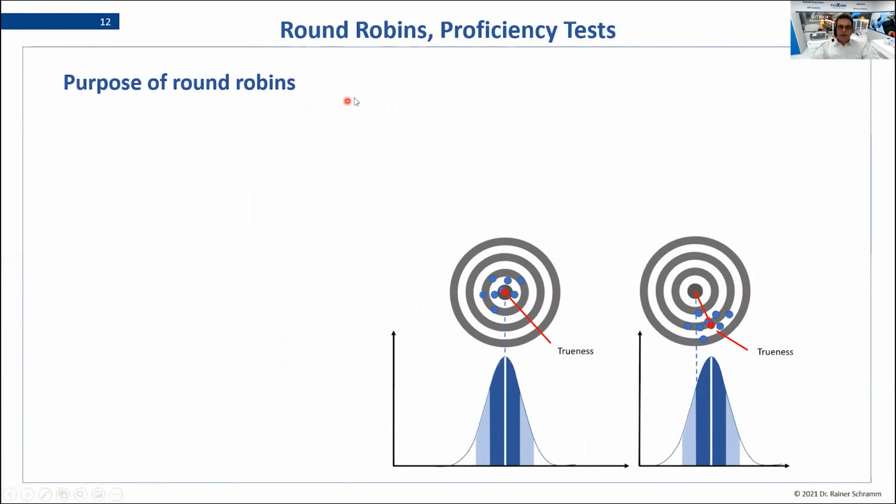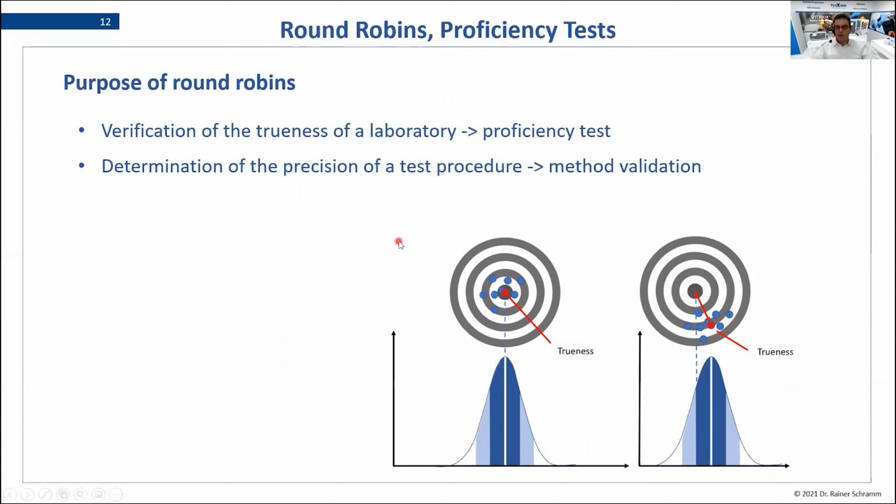But there are different purposes of round robins. The first thing, and that's what I'm talking about today, is to test the trueness of a laboratory, which is also called a proficiency test. But also when you are sitting in a standard committee, sometimes a round robin is used to do a method validation, to check a test procedure.